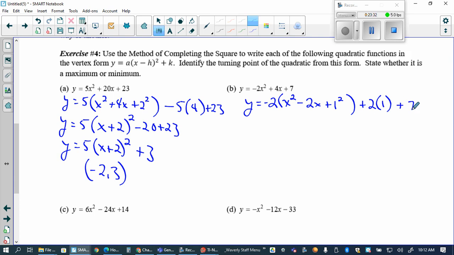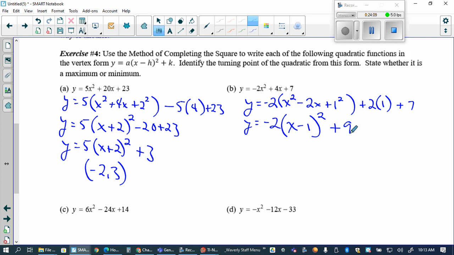All right, what's this give us here? 2 times x minus 1, squared, plus 2 plus 7, plus 9. 2 times 1 is 2.